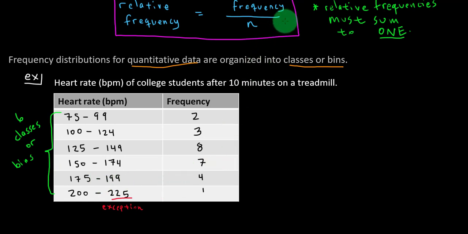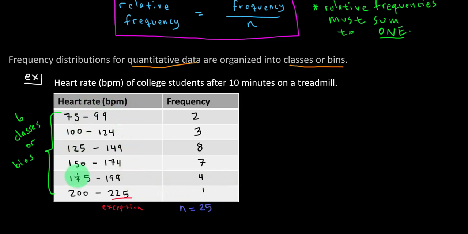Now, like we saw in the previous example of a table, if we add up all of these frequencies, we will get the sample size. In this case, our sample size n is 25.